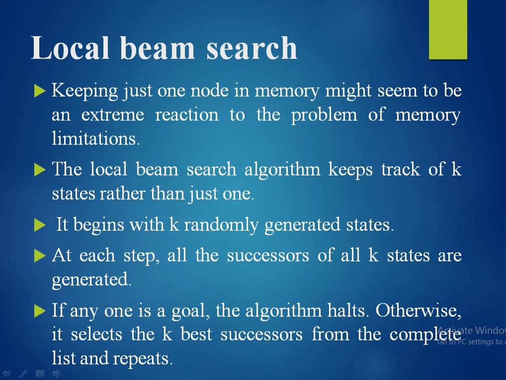It begins with k randomly generated states. At each step, all the successors of the k states are generated. If any one is a goal, the algorithm halts. Otherwise, it selects the k best successors from the complete list and repeats itself.